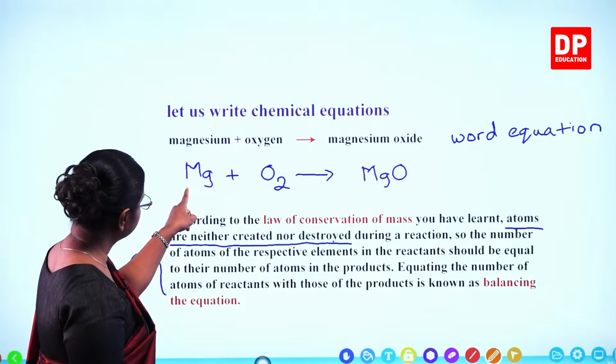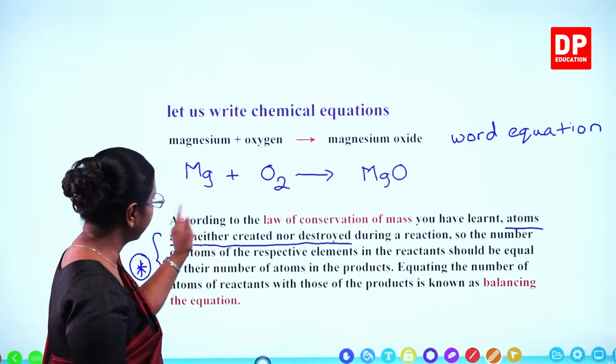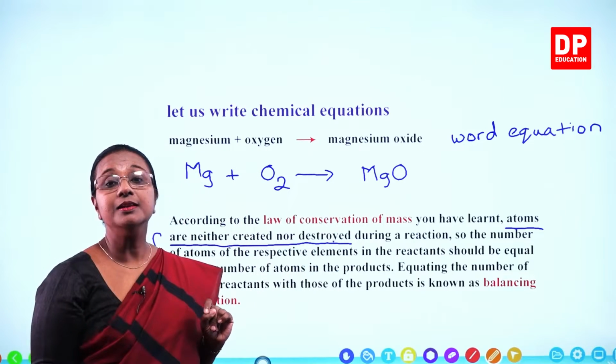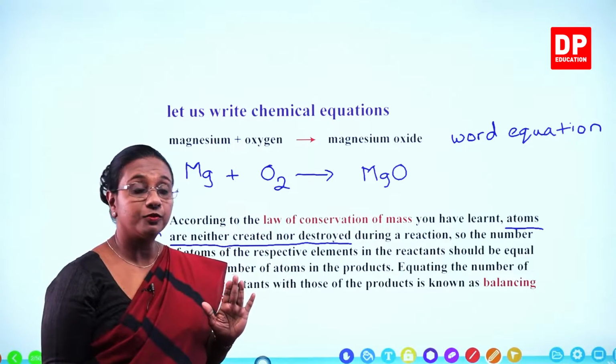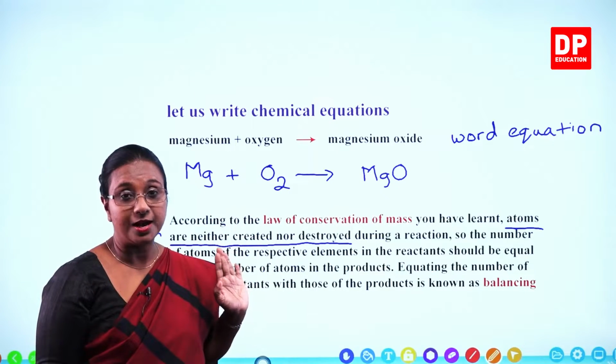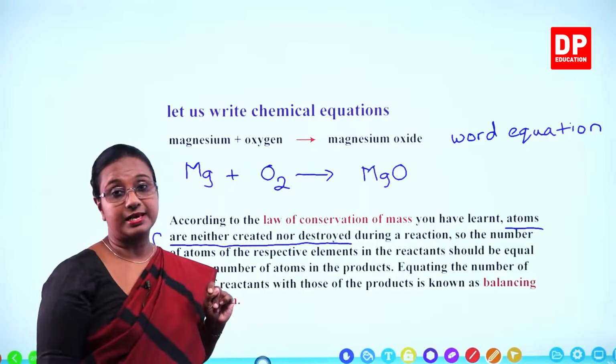Now look at magnesium. There is one atom on the left hand side, the reactant side. The product MgO has again one magnesium. So of course the number of magnesium atoms is the same. No problem there. But if you take oxygen, here it's O2 gas.